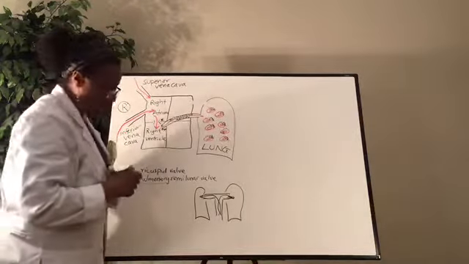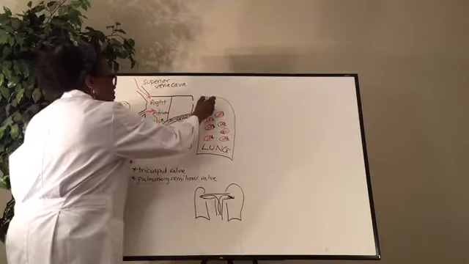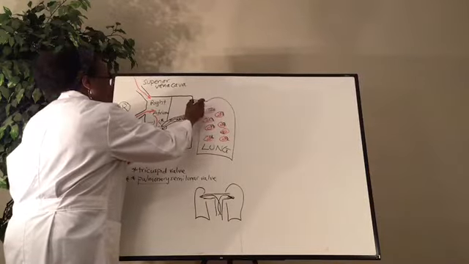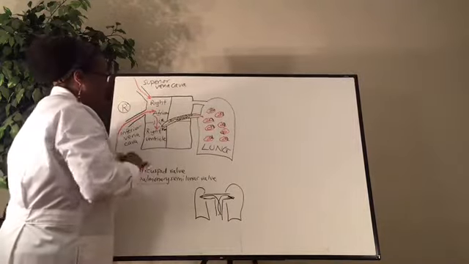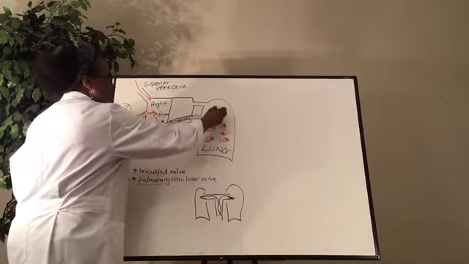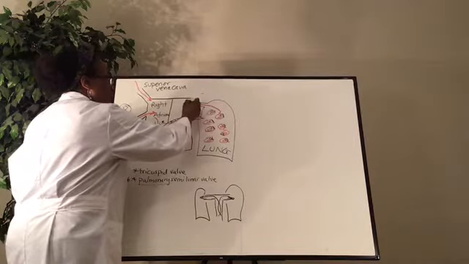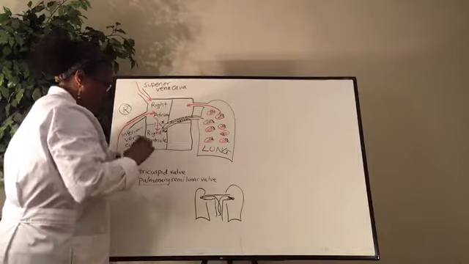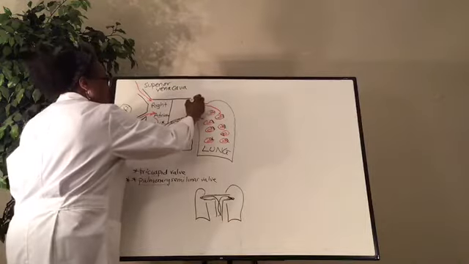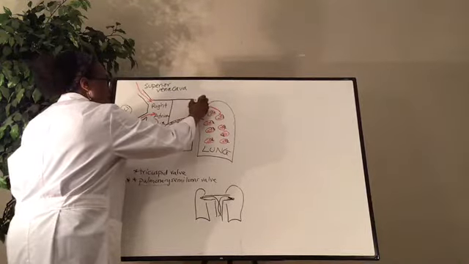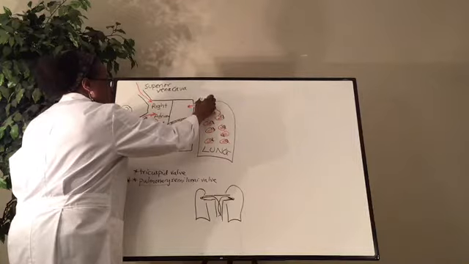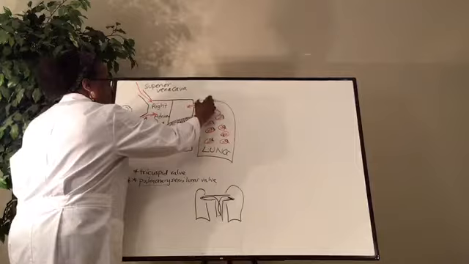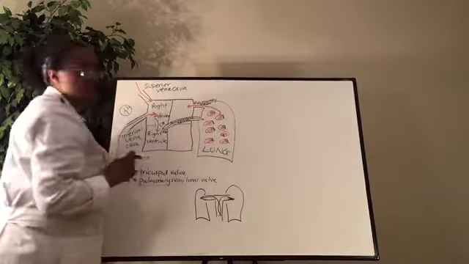And what is going to happen? The blood is going to come out. This oxygenated blood is going to come out of the lung through this pulmonary vein, the pulmonary vein, back into the heart.